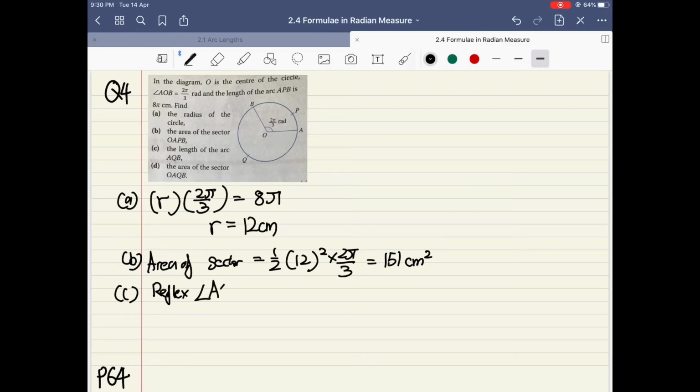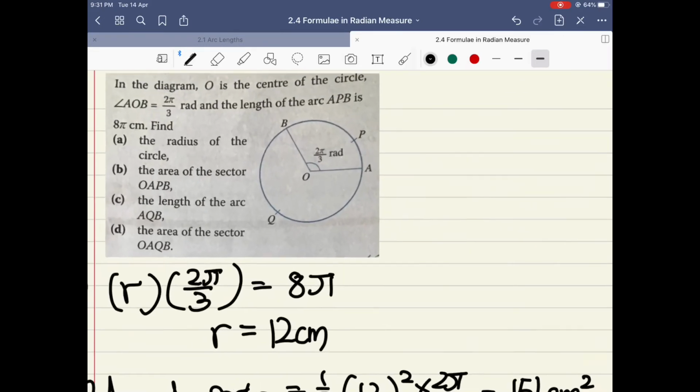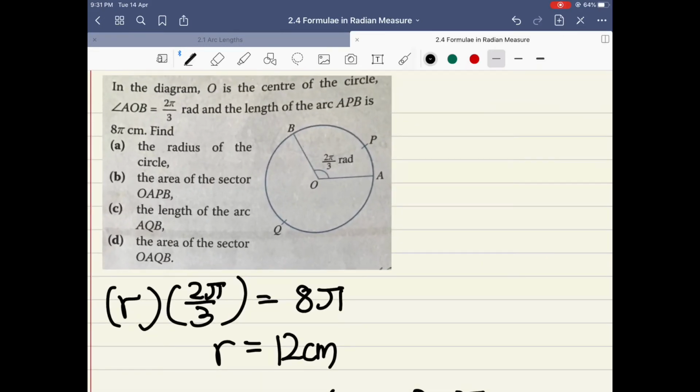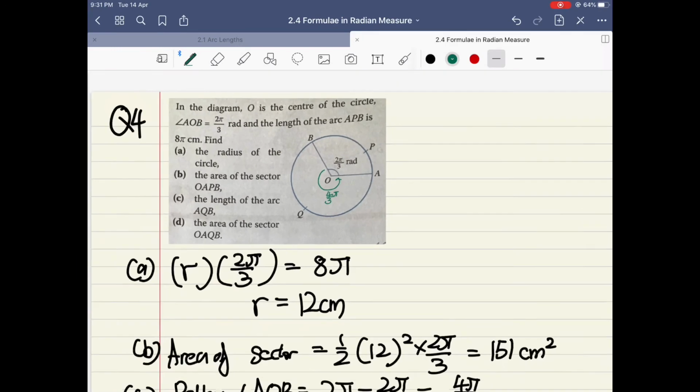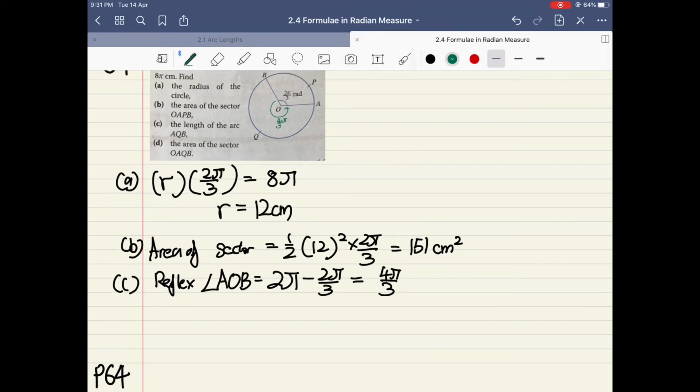So I will say that reflex angle AOB is equal to 2 pi radians minus 2 third pi. So what I get is 4 pi over 3. Let me just go and label it there. This angle over here is 4 third pi radians.